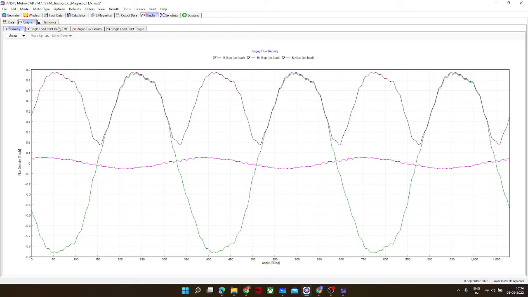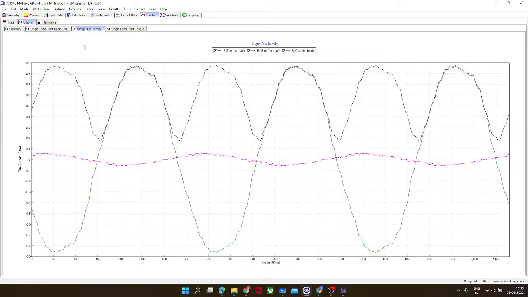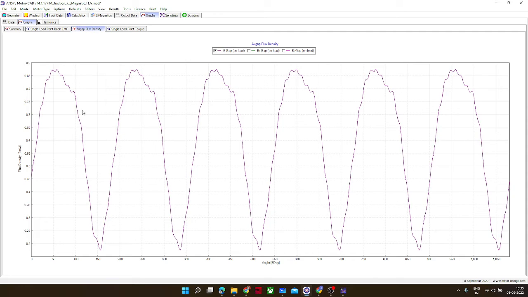You can also see some graphs here. This is the air gap flux density graph. So this is also almost sinusoidal. It would not be exactly sinusoidal because in practicality some difference would be there. Okay, so that's it.